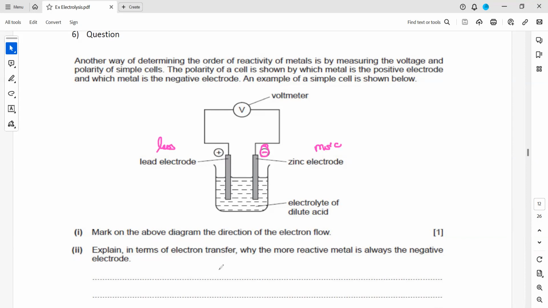Mark on the above diagram the direction of electron flow. So you can use screen annotation. Annotate on the screen how the electrons will move. What will be the movement of electrons?